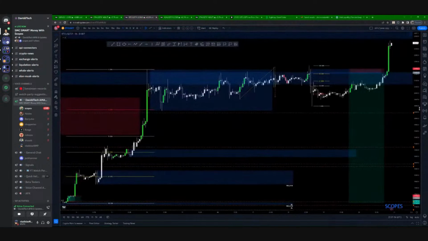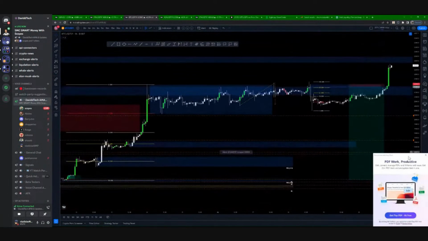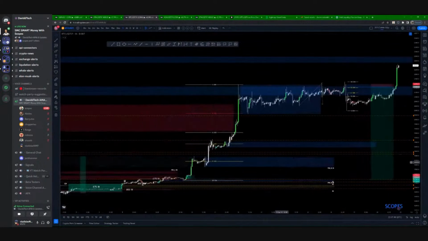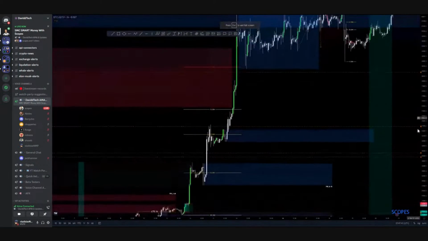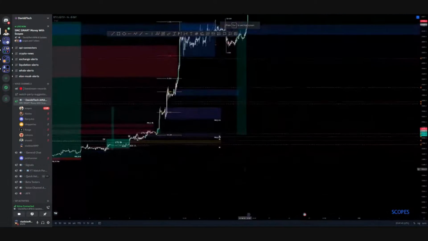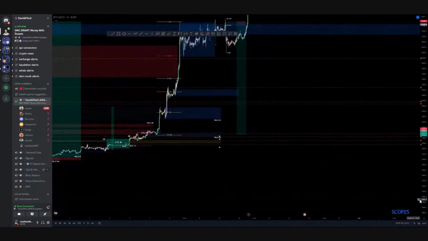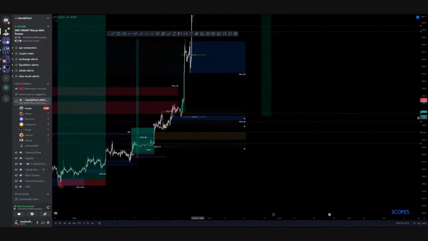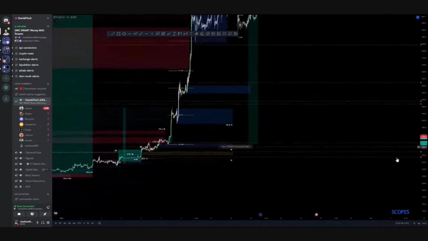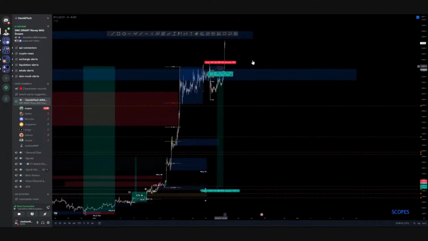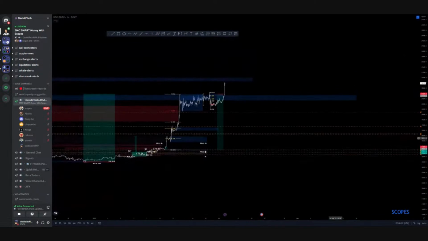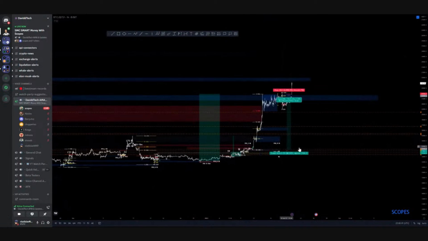BTC is the one that's got all these alerts, because there's a massive key level there, interest, expecting price to go down to try and hit these points here.